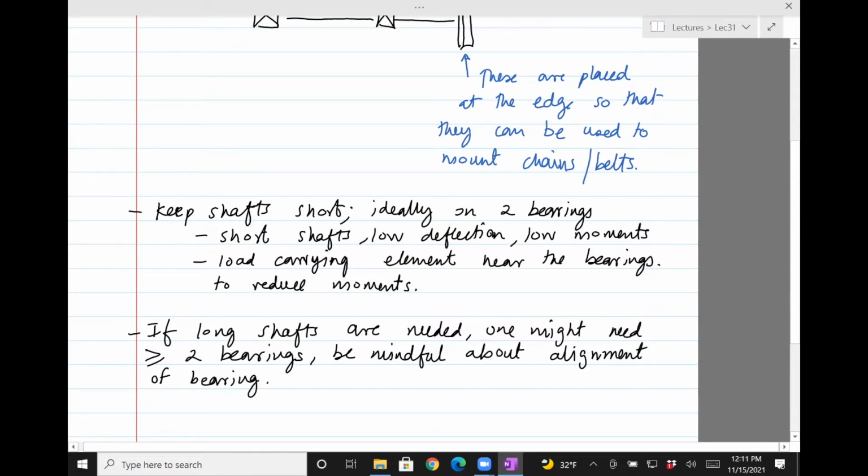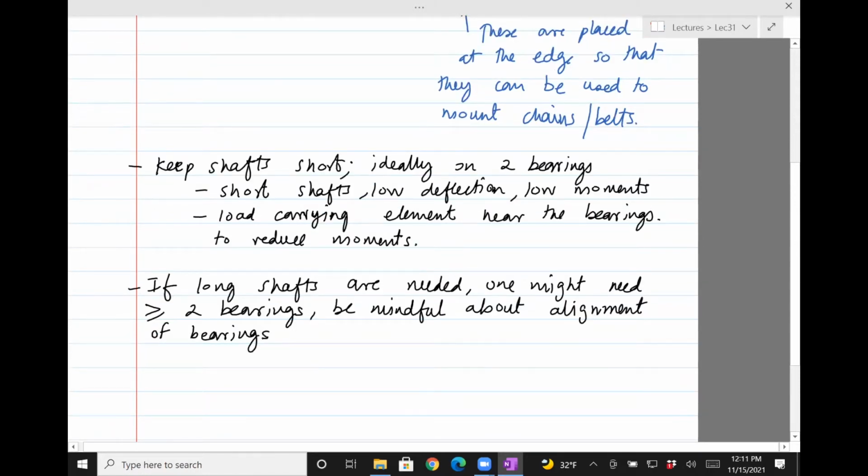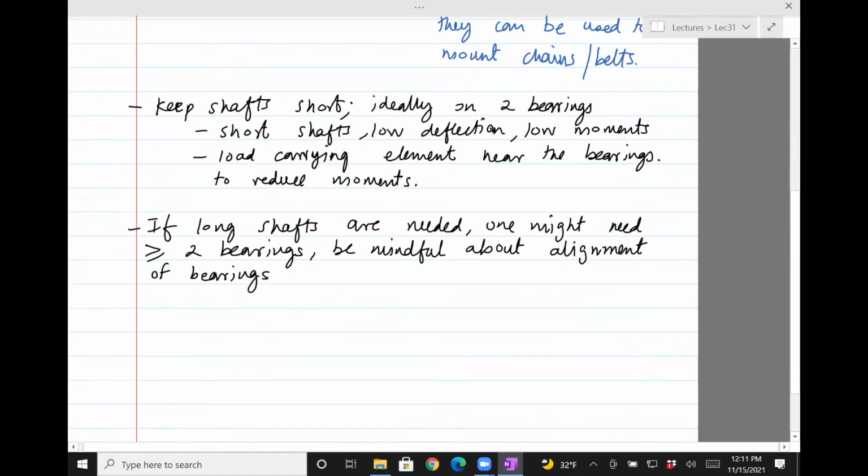So if the bearings are not aligned, then they would lead to unnecessary forces in the radial direction, and that will introduce unnecessary stresses, and that's not good. So it needs a higher tolerance if you're trying to have more than two bearings.